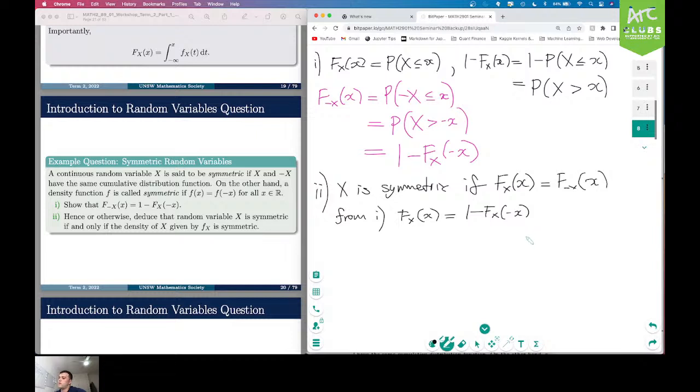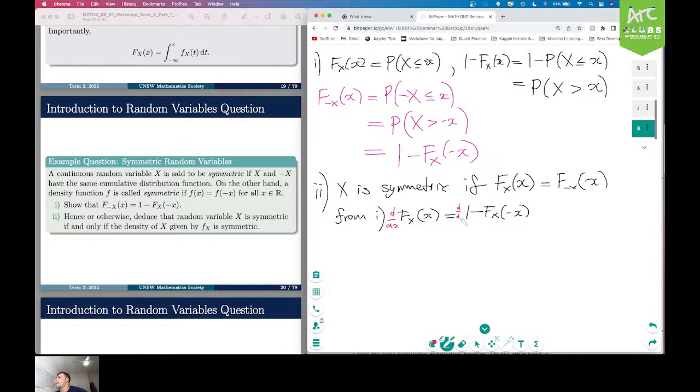Now, what we can do is take a derivative of both sides. The reason why I got this, of course, is just from part 1. Now, what we can do is hammer a derivative on both sides. So what we can say is just d/dx on both sides.